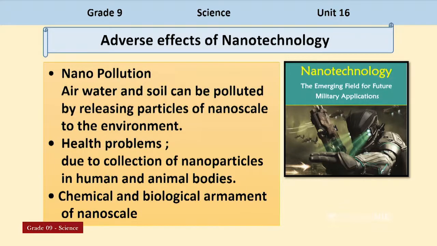Therefore, we have to be very careful when we use nanoscale material or nano products. These nano pollutants can pollute water and air, and even enter our body and cause health problems.